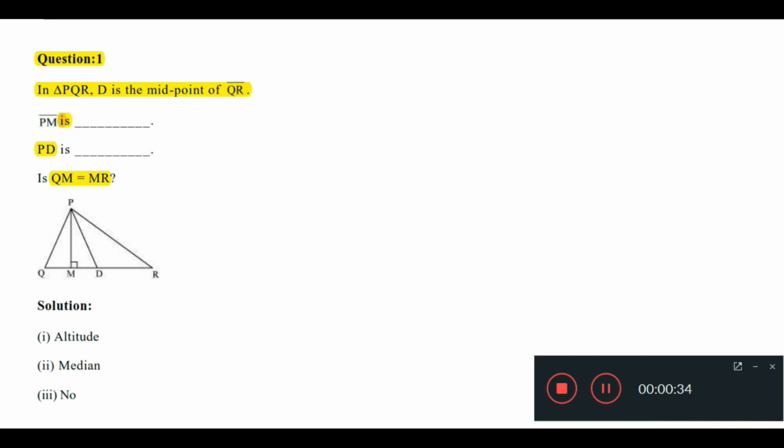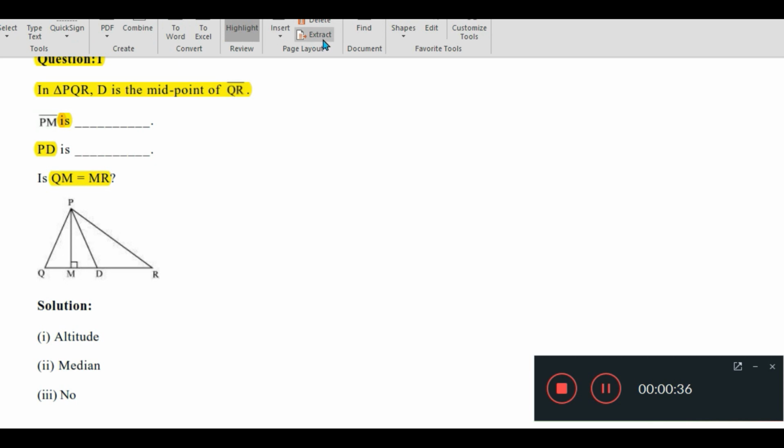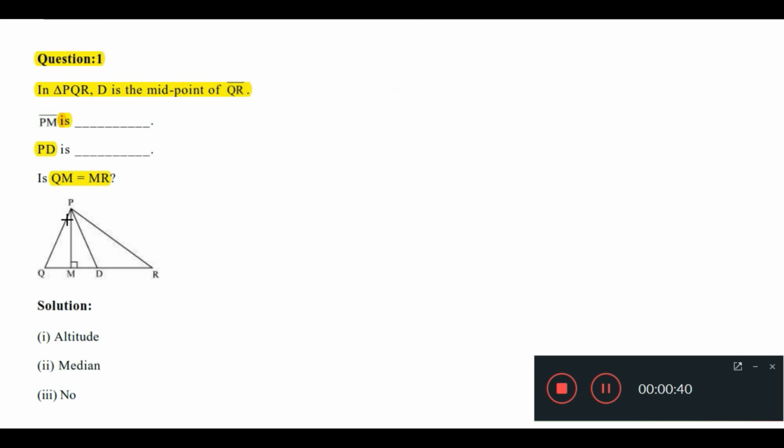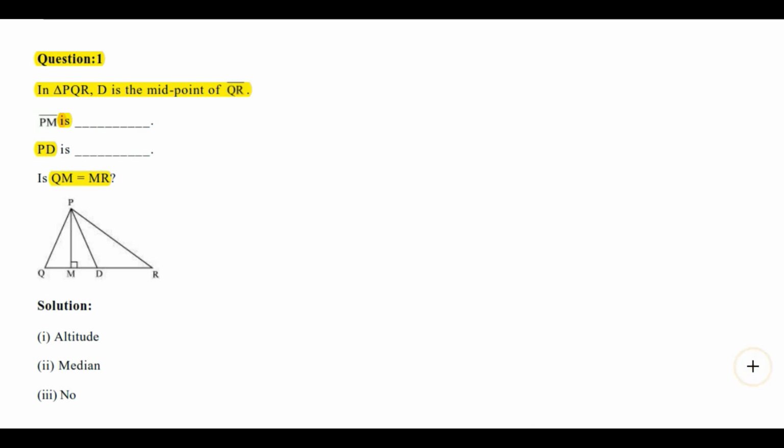See, this is triangle PQR, in which we are given that D is the midpoint of QR.